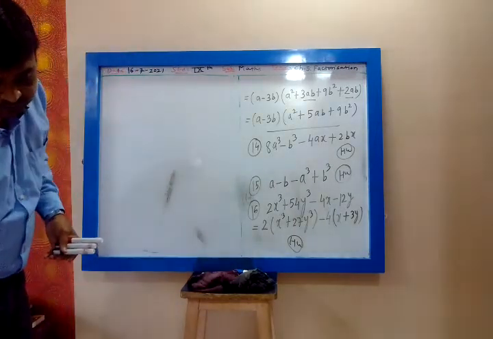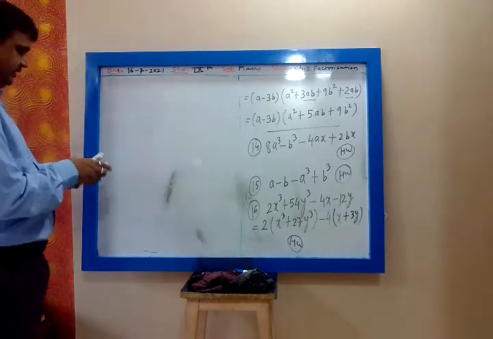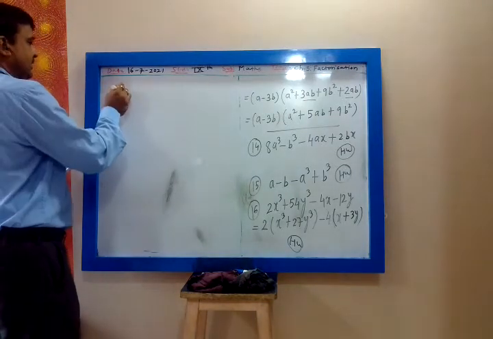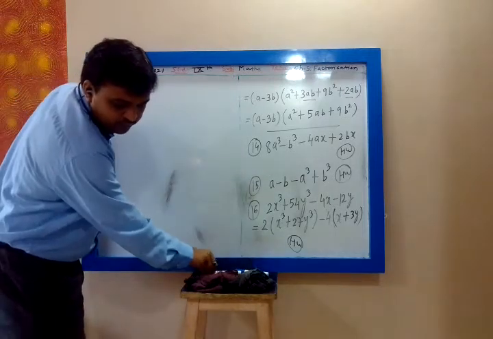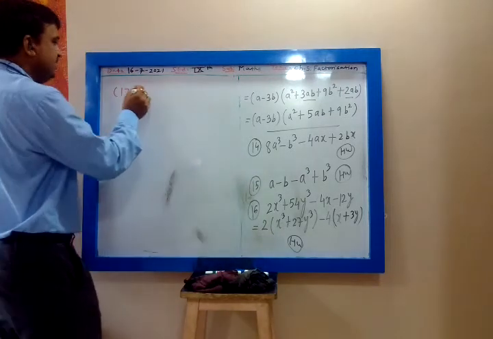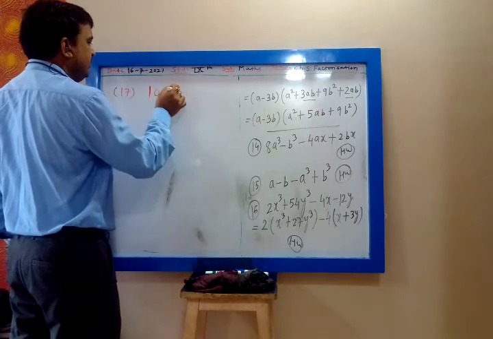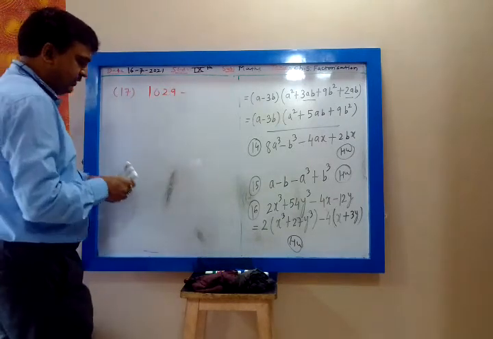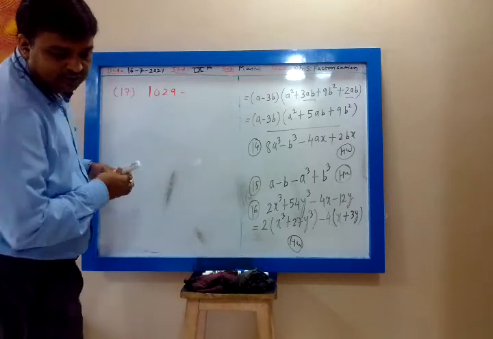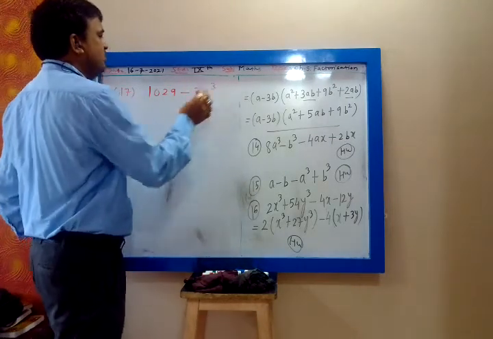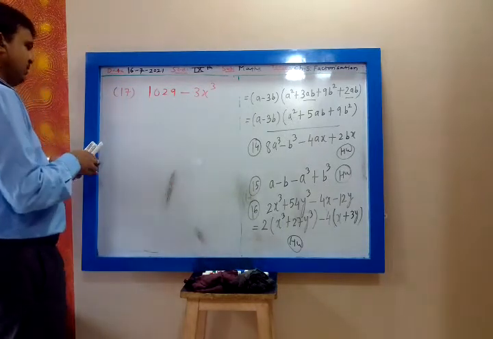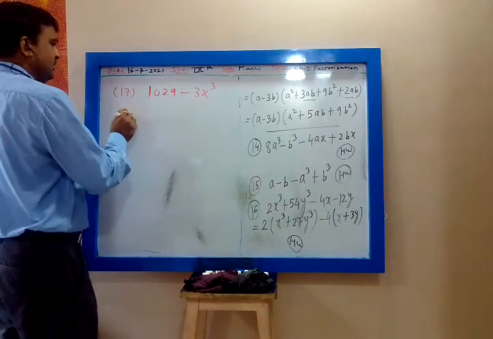Then 17: 1029 minus 3x cube. Yes, what is common in them? Tell me. 3 is common, no?